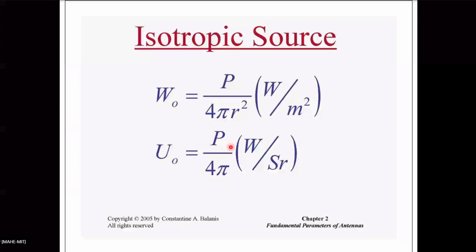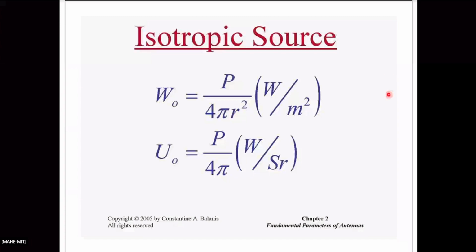Yes, sir. Otherwise, if it is not isotropic, U can be U naught times sine theta or cos theta, like that. Here, for an isotropic source, U is equal to U naught, a constant value, equal to P by 4 pi. For an isotropic source, WAV is equal to W naught, P by 4 pi R square.